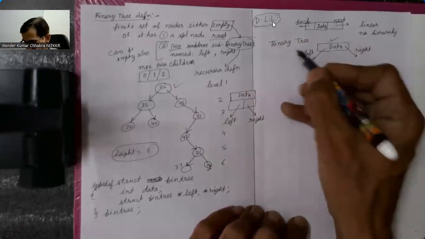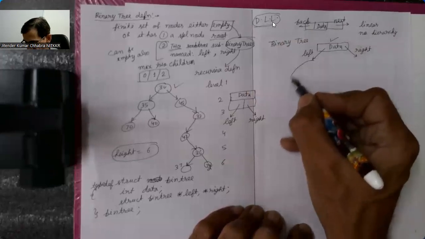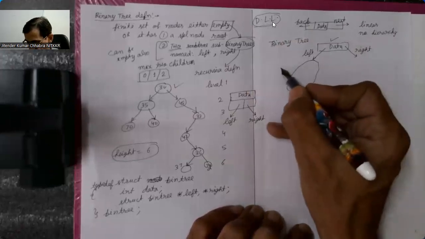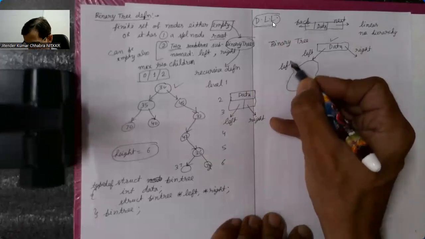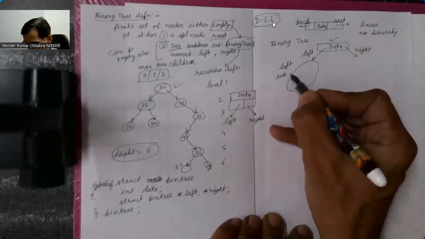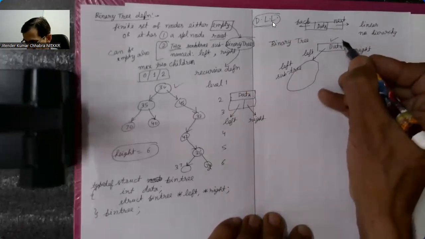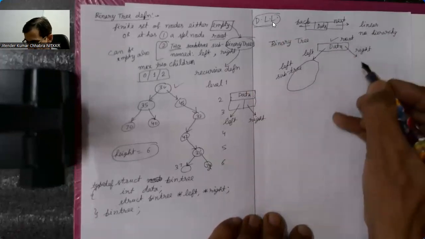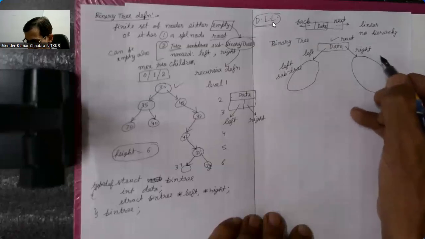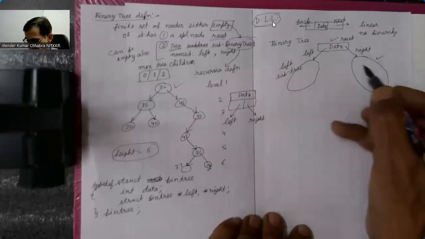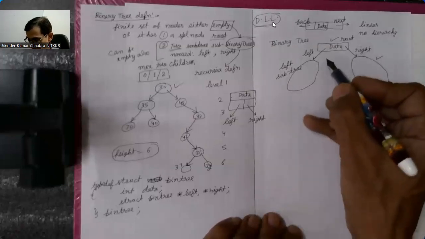Here, hierarchy is important. This side, we can have another full subtree, which is all child of this root, and this side can be another subtree. So here hierarchy exists.